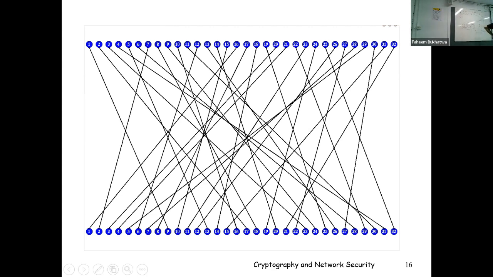This is the transposition that's used in some of the DES systems. It's fixed. It's almost hardwired based on the input data you get.